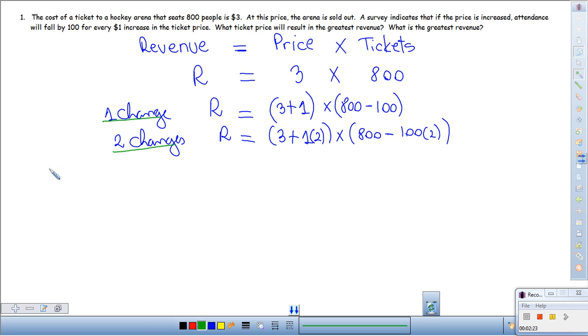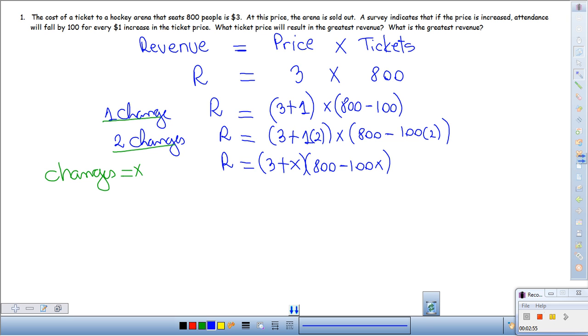Well, if we can label these changes X, we can generalize our revenue equation, and it will become revenue equals 3 plus, now 1 times X is X, so 3 plus X times 800 minus 100X. And we have our revenue equation.